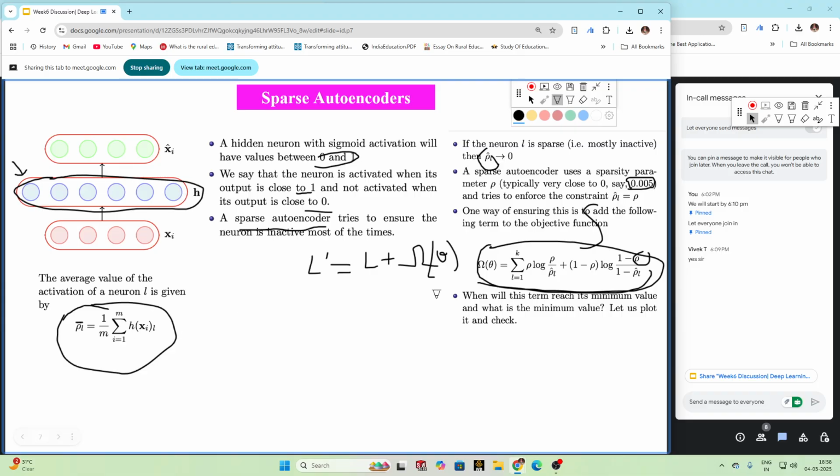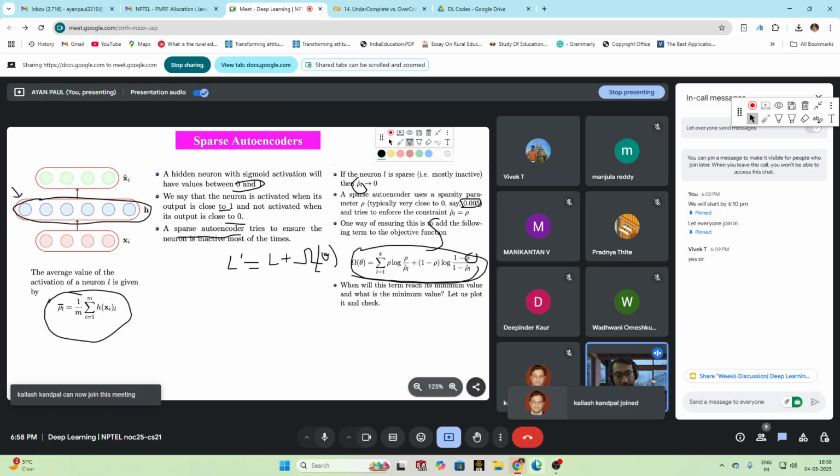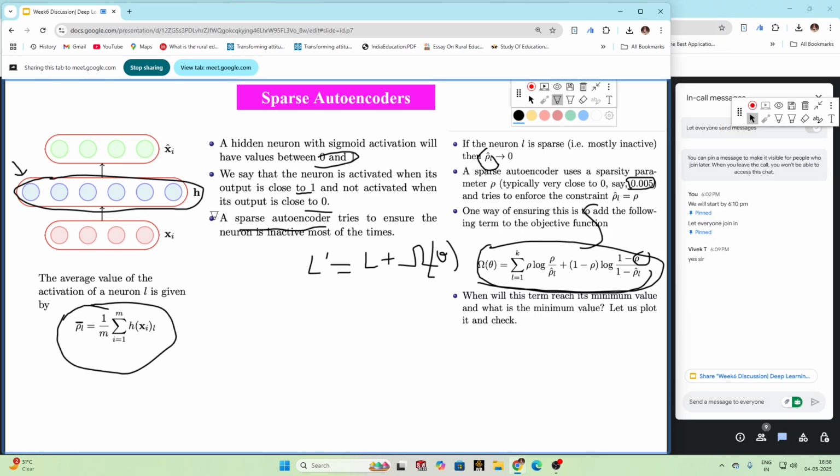Now this rho hat L is a parameter that we set ourselves, and that will be very close to 0.